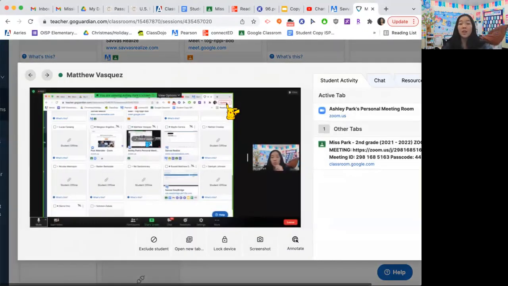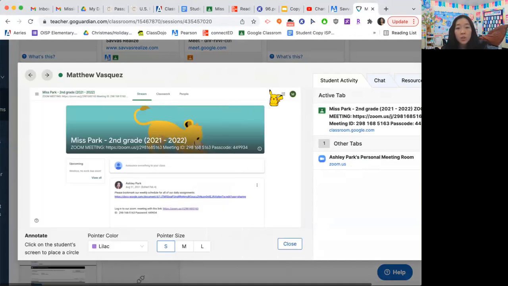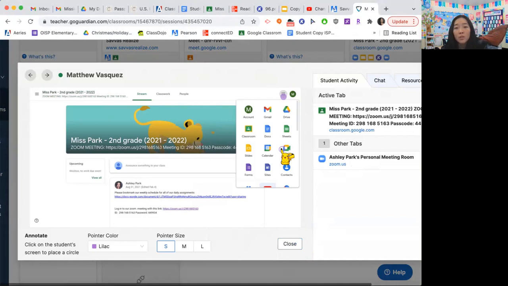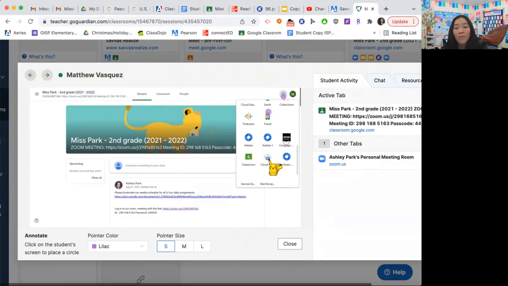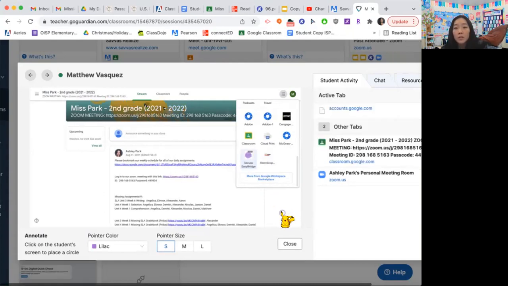So go to Google Classroom, Matthew. Perfect. Then you're going to click on the waffle. Click on your waffle. I'm coloring it blue for you. Now click on Gmail. Oh, actually you have it. Perfect. Do you see down there where it says Savvas Easy Bridge? It's the one I clicked purple for you. Click on that.